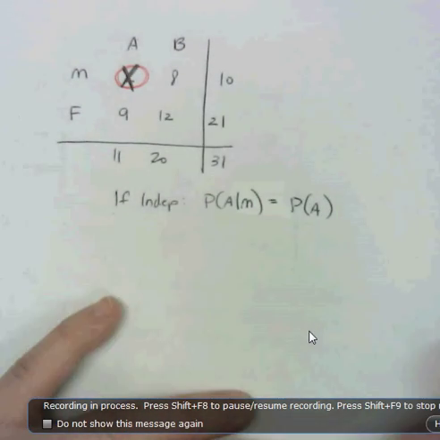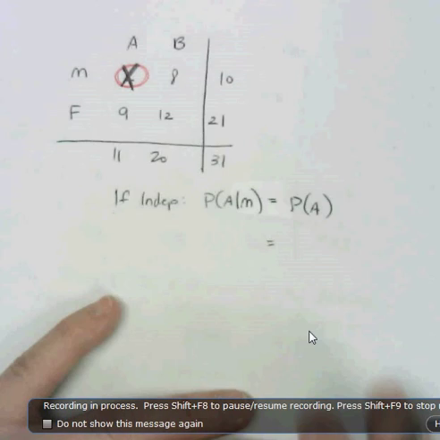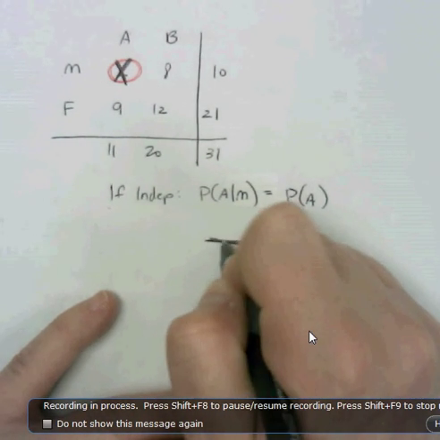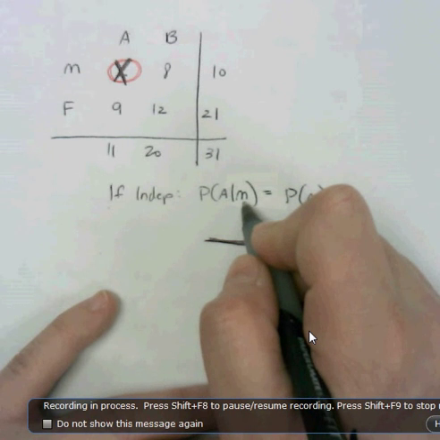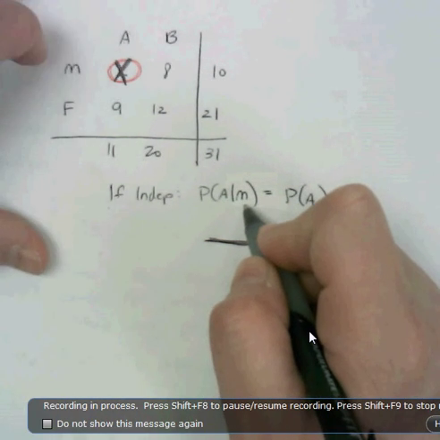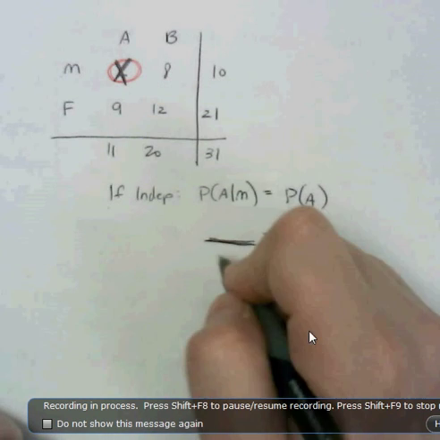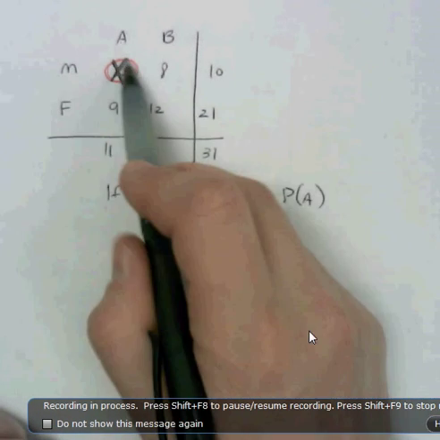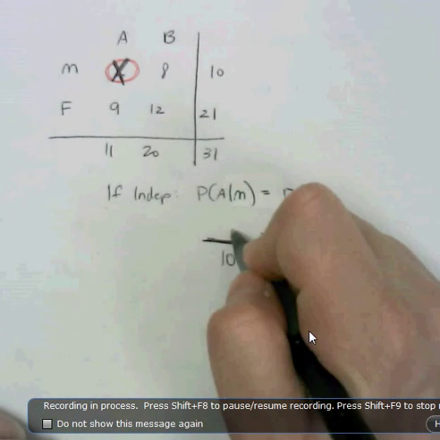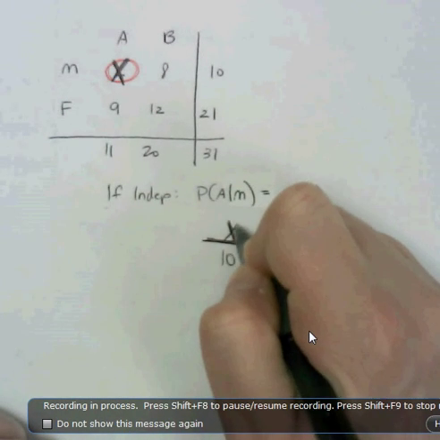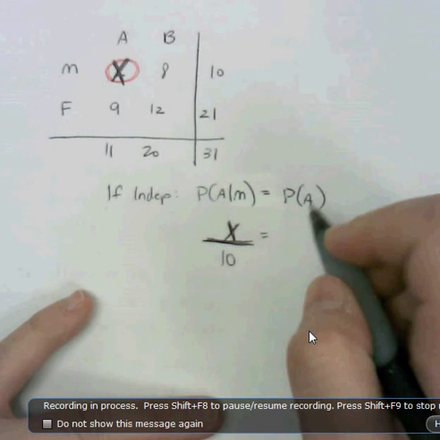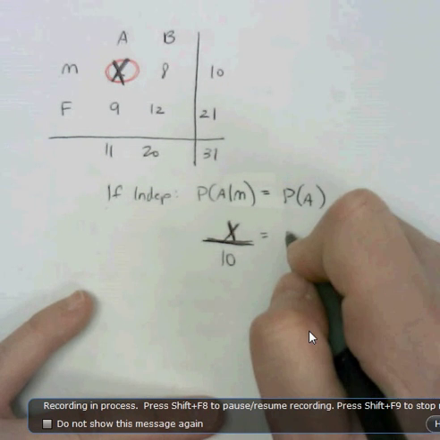The probability of A given M. Remember, in the given argument, M goes in the denominator. So how many M's do we have? It looks like we have 10. And in the numerator would be A and M, which is right here, and that's actually the X value. That would equal the probability of A, which is 11 out of 31.